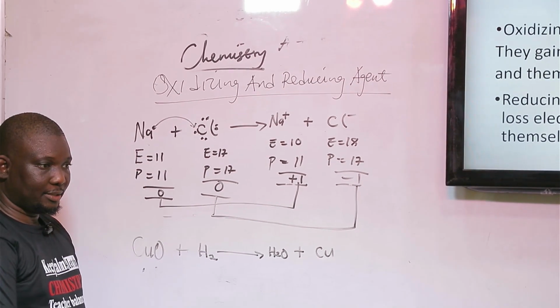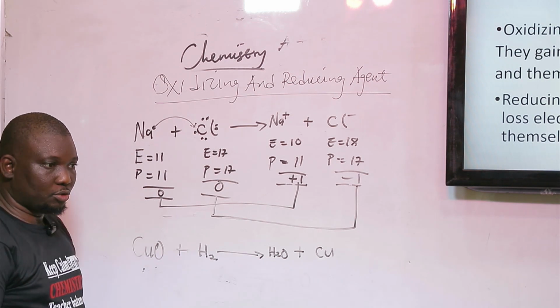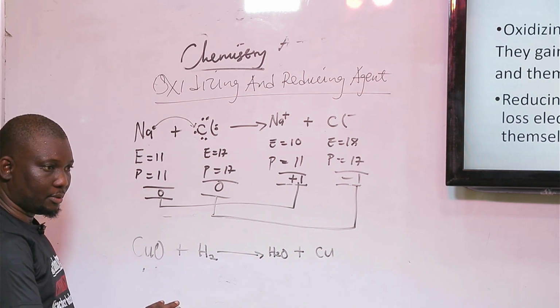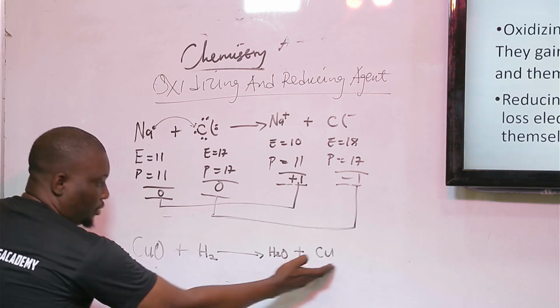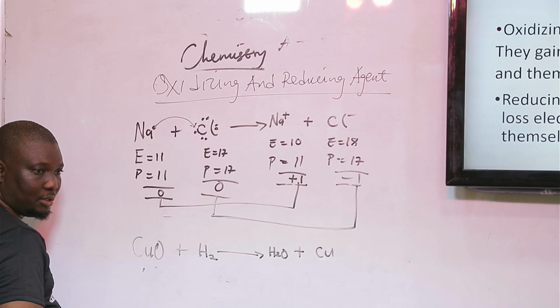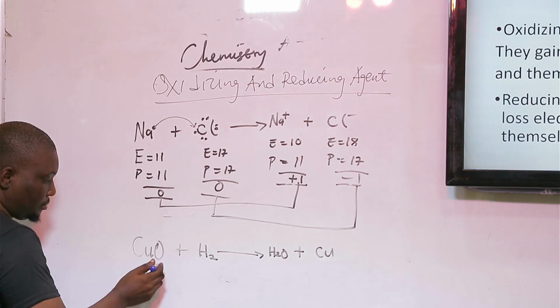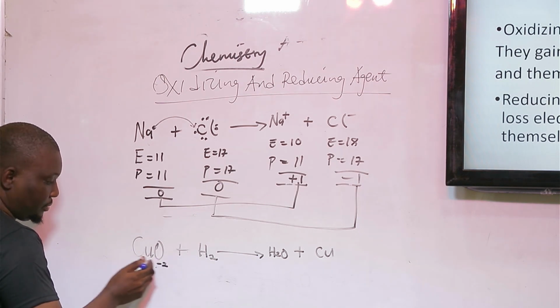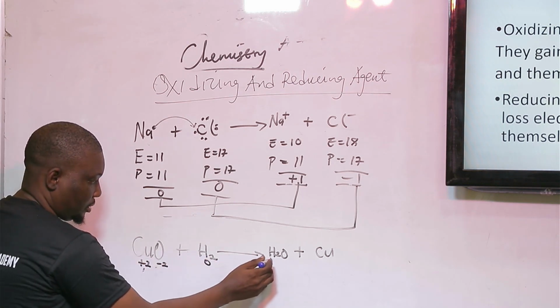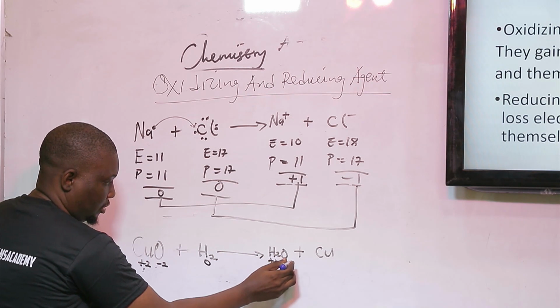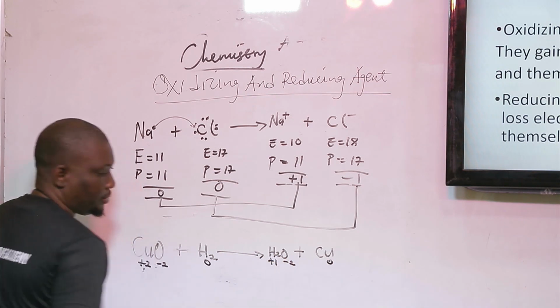What do we do in this case? It's not copper, it's copper(II) oxide. So what you do in this case is assign oxidation numbers to every species in this reaction. Give this -2, this +2, this 0, this +1, this -2, this 0.